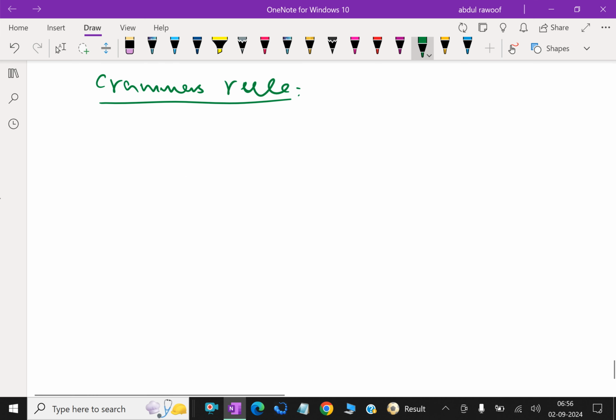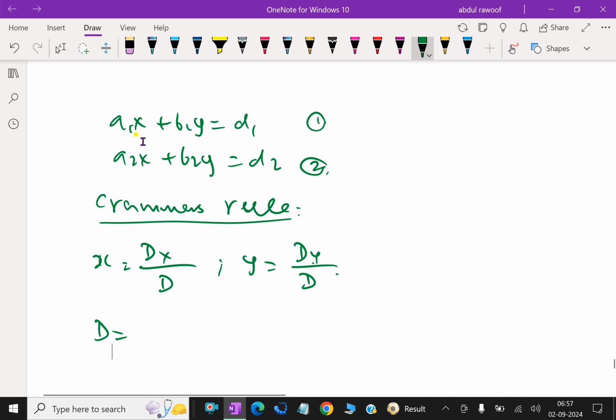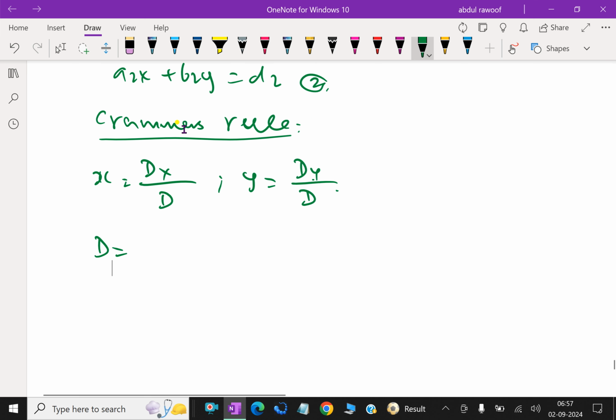First, x equal Dx over D, y equal Dy by D, where D is the determinant of the coefficient matrix. This is a1, b1, a2, b2.